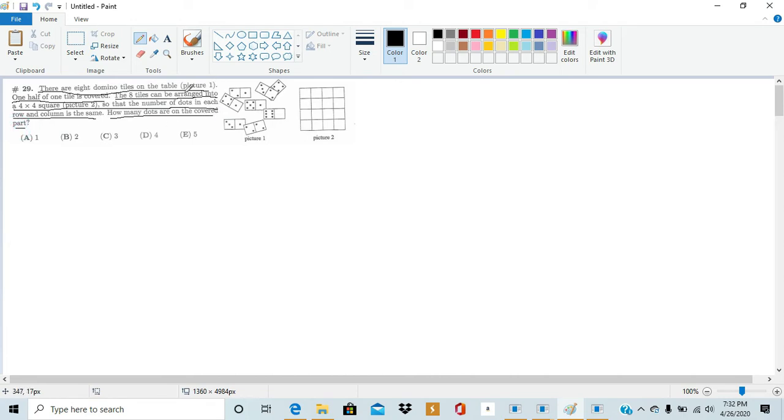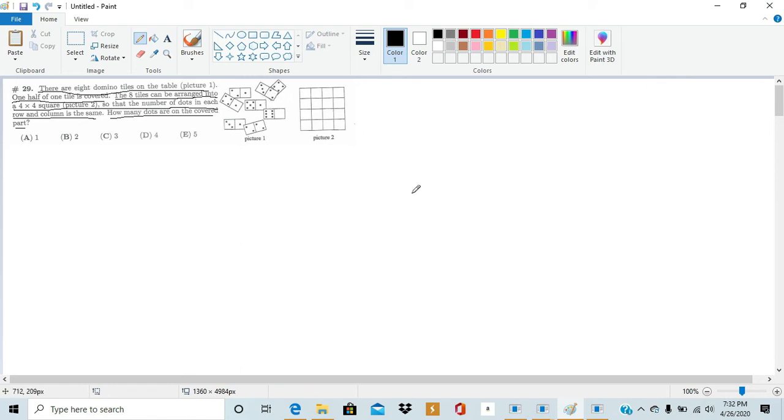So for the information of this question, they basically give us a picture of dominoes, with one of the dominoes being covered, about one half of the domino being covered, and it tells us that we can arrange all these dominoes on this 4x4 grid such that the sum of the dots in each column and row is the same. And using this information, it wants us to find what the covered region of the domino is.